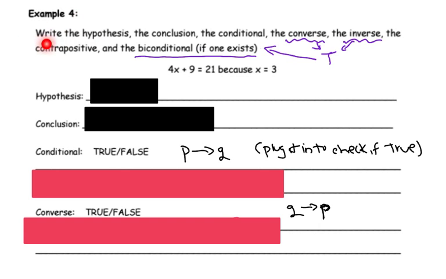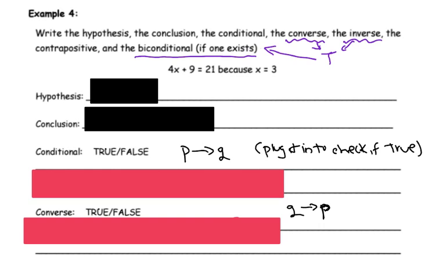All right, so what we're going to do is write the hypothesis, the conclusion. We're then going to write the conditional statement. We're going to write the converse, the inverse, the contrapositive, and then finally the biconditional if one of them exists. So remember, the hypothesis does not include the word if, but it's the statement that comes after the word if. Your conclusion does not include the word then, but it comes after the word then. Your conditional statement is the if-then statement. The converse is when you switch the hypothesis and the conclusion.